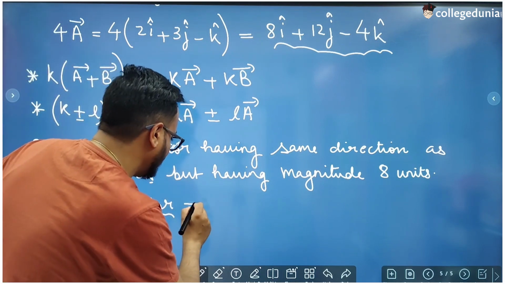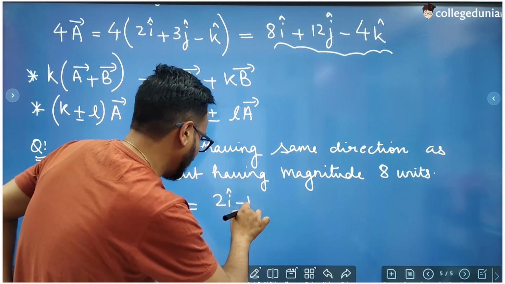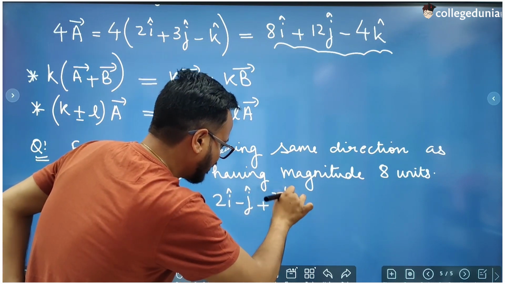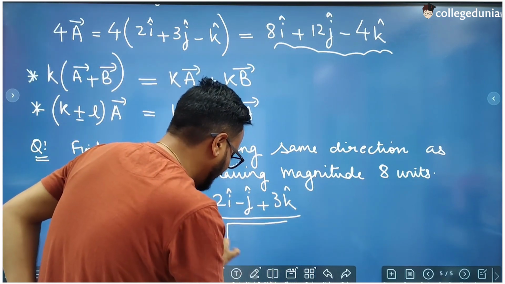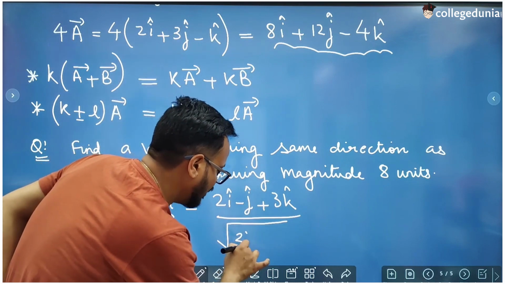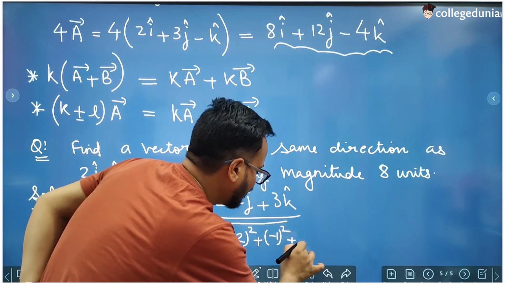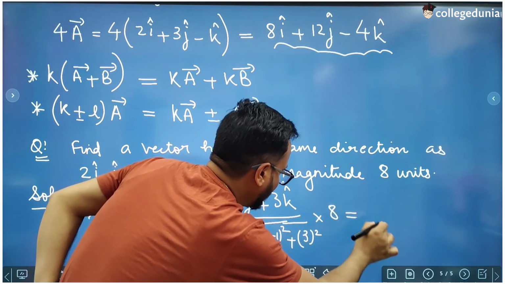So the required vector is simply the unit vector of this, which is 2i cap minus j cap plus 3k cap, divided by, how do we find the unit vector? We simply divide by the magnitude of the vector, and we will multiply this by 8.